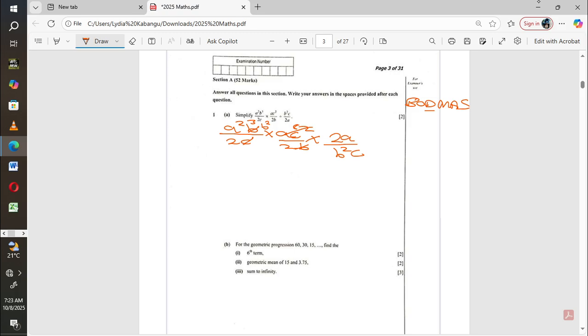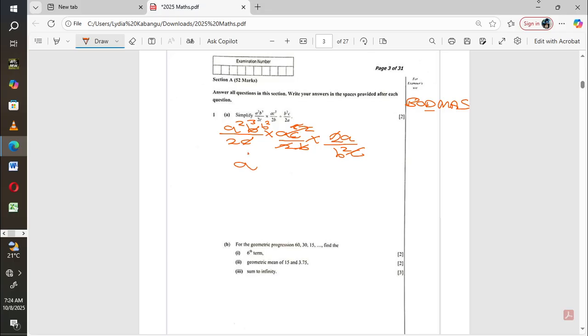From this side, what can we cancel? We can cancel the 2 and the 2, and the c and this c here disappear. So we remain with the b squared here. Now we're going to multiply. Since we have a squared b squared times a times a, we have a squared times a, that's a cubed, times a, that's a raised to power 4.